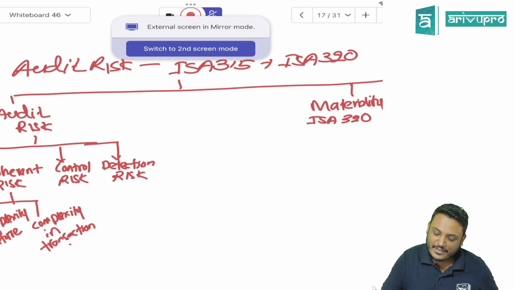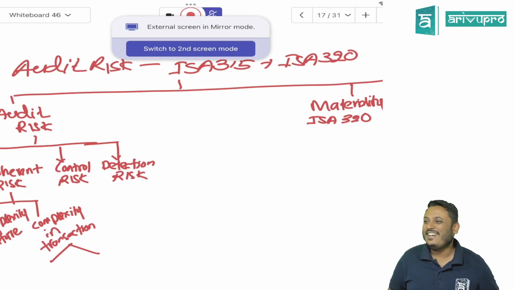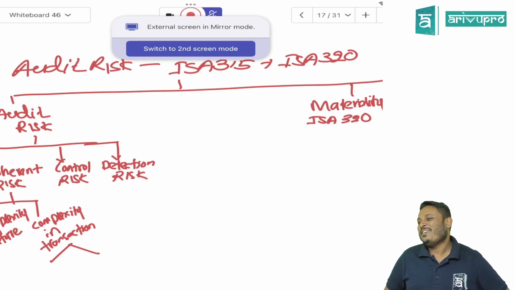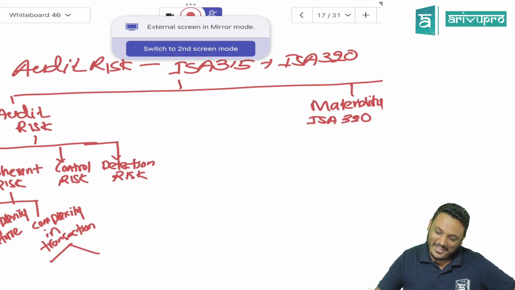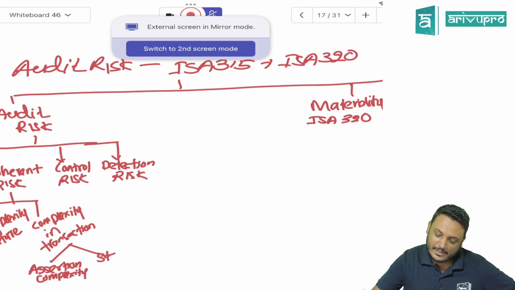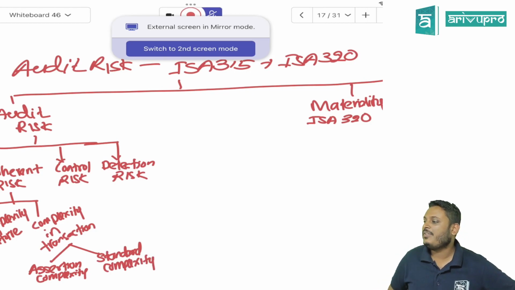Complexity in transaction is further subdivided into two. One is assertion complexity.